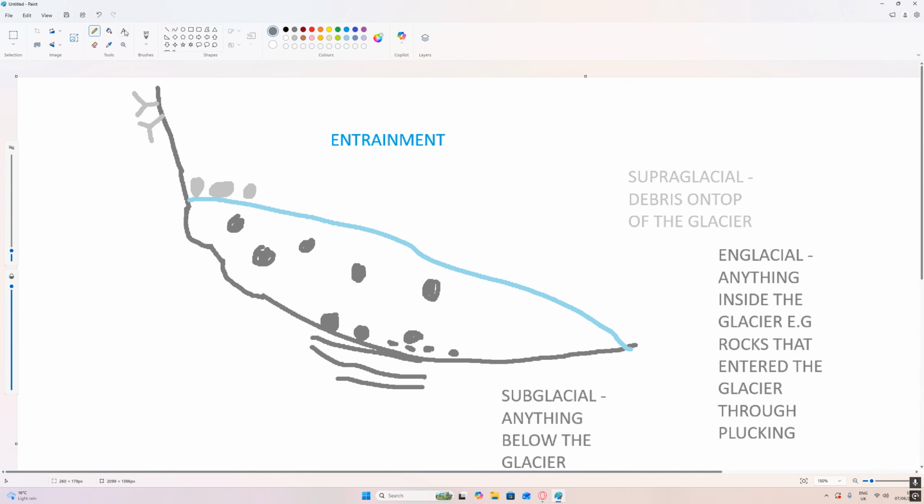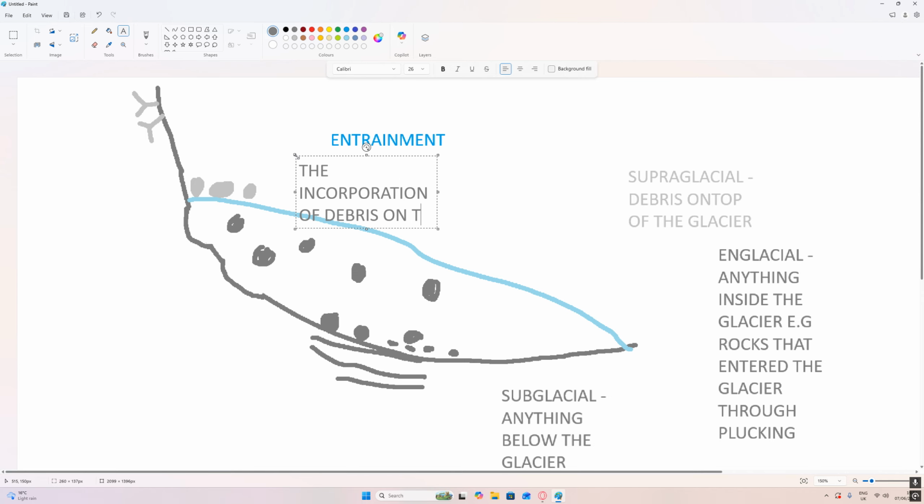But what entrainment is, if I'm going to type out a definition for you, I'm going to say that entrainment is the incorporation of debris onto or into the glacier from supraglacial or subglacial sources.